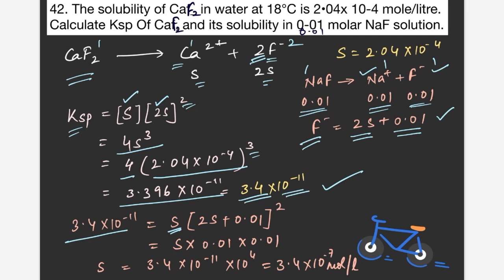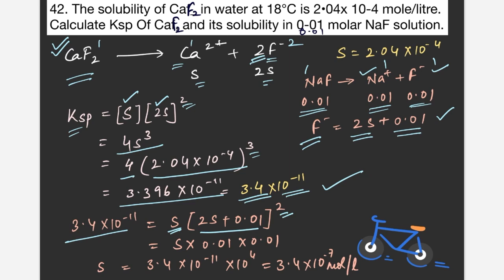Let it be S moles per liter, and in bracket total concentration of fluoride ions, 2s plus 0.01, raised to the power 2, because in the balanced equation where calcium fluoride dissociates to give calcium and fluoride ion, the coefficient of fluoride ion is 2. Correct?